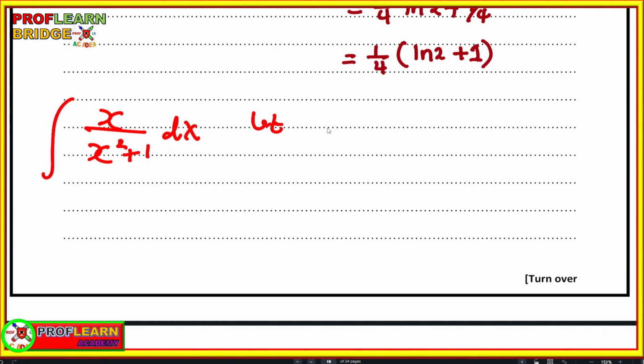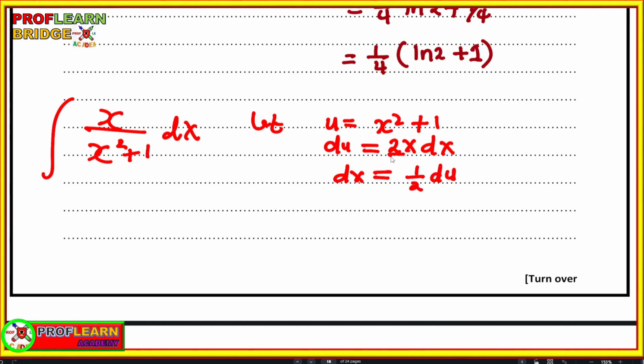We can say let u be equal to x squared plus 1. So du is going to be 2x dx. So meaning anywhere we have dx, we can replace it 1 over 2 du. I've divided by 2, divided by 2.